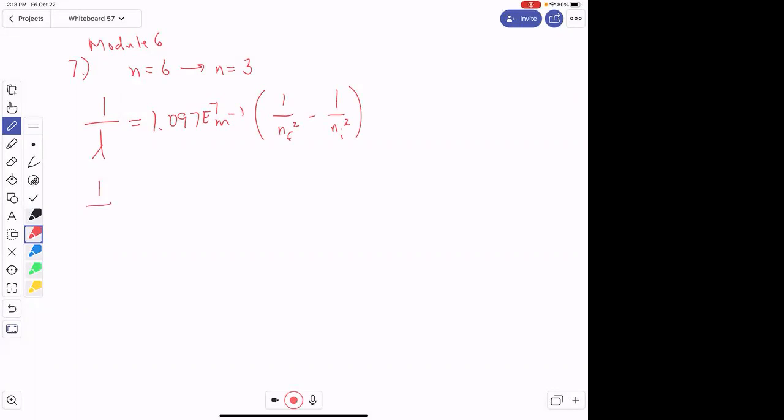So we find 1 over wavelength equals Rydberg's constant times our final quantum level, which is 3. Our initial quantum level was 6.